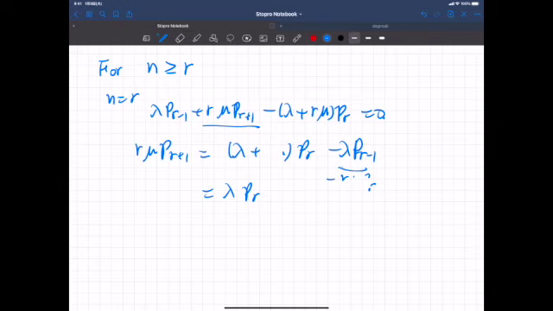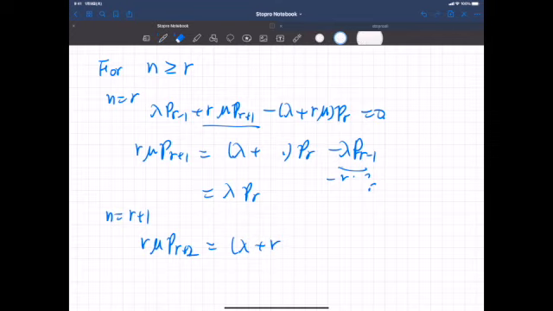Okay, and for n equal to r plus 1, we should have, this doesn't change. The left hand side should always have r mu p_{r+2}, and lambda plus, again here, r mu p_{r+1} minus lambda p_r.